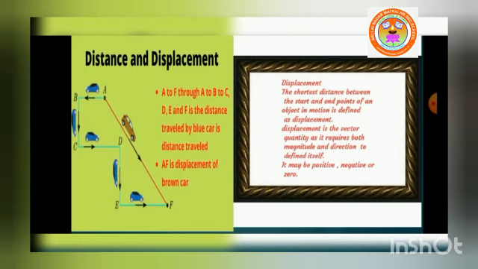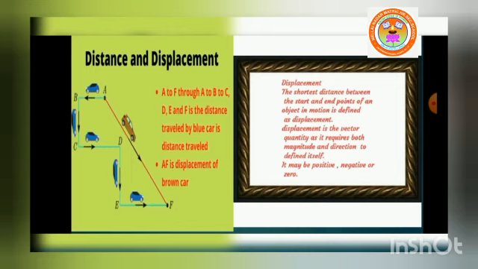Have you seen the picture, children? Yes. A to F through A to B, B to C, D, E and F is the distance travelled by the blue car. A to F is the displacement of the brown car. Have you understood? Yes.